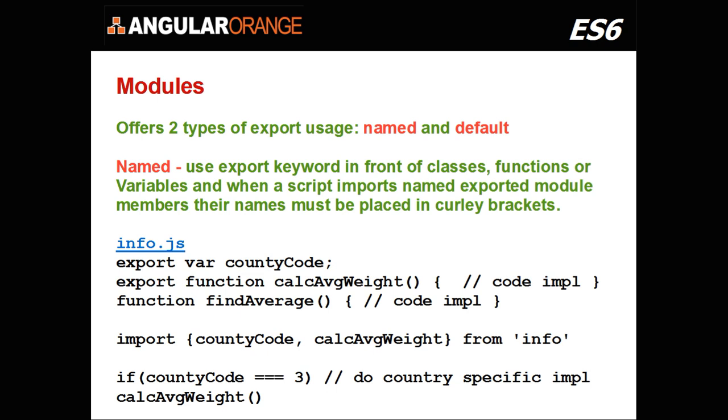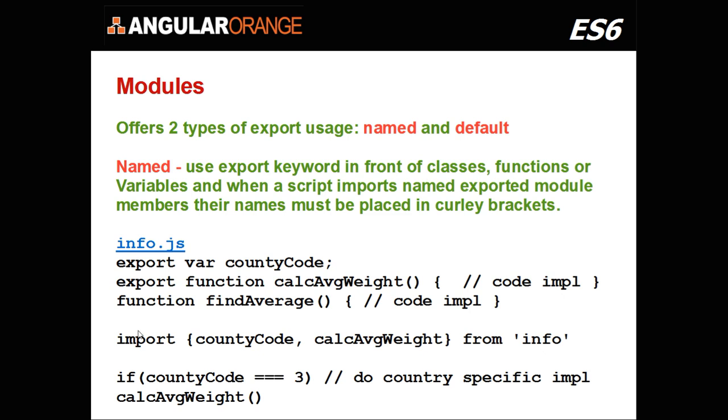Okay, so there are two types of export usage in a module: named and default. For named, you use the export keyword in front of classes, functions, and variables, and when a script imports named exported module members, their names must be placed in curly brackets.